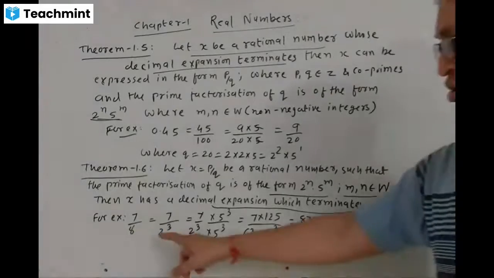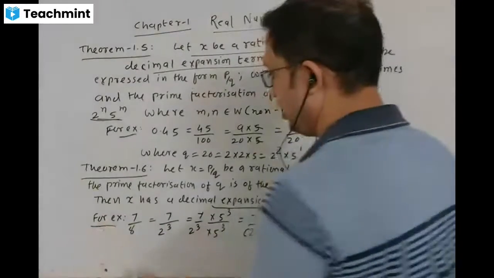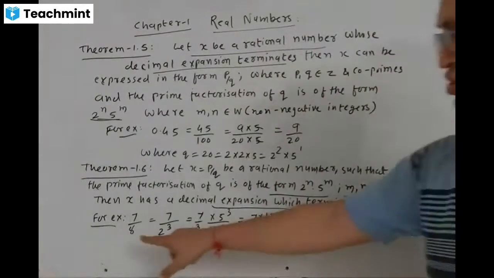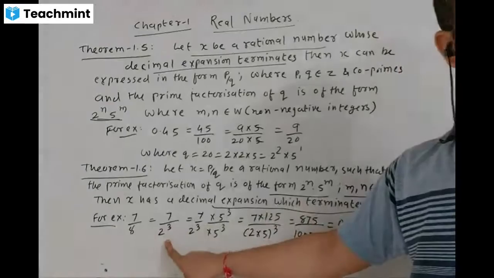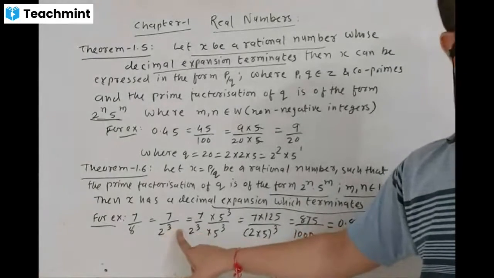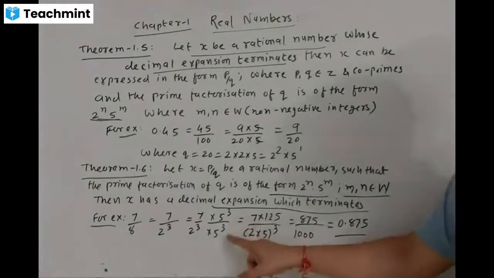The number ends with a terminating decimal, for example 7/8. 7/8 is a p by q form number, where 8 is 2 into 2 into 2, that is 2 cubed. 2 by 5 का पावर बराबर होना चाहिए, तो मैंने उसको multiply कर दिया.